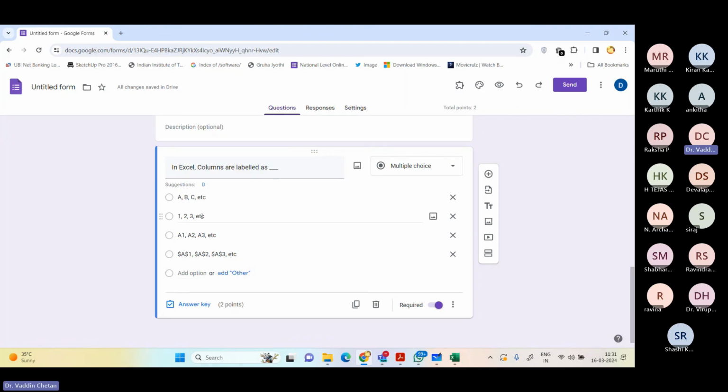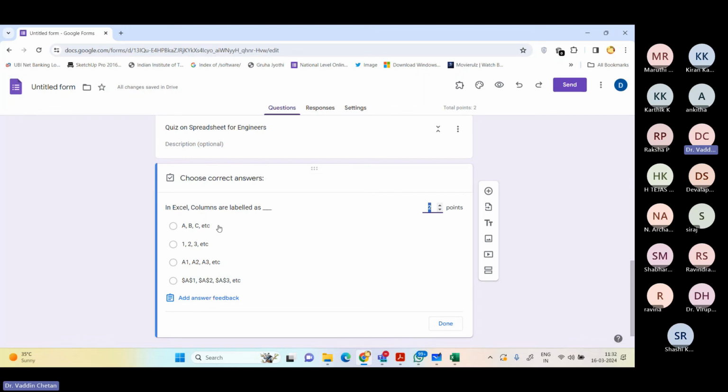I need to assign the correct answer, so go with the selection of answer key and select A, B, C as the correct answer, because in Excel the columns are labeled as A, B, C.